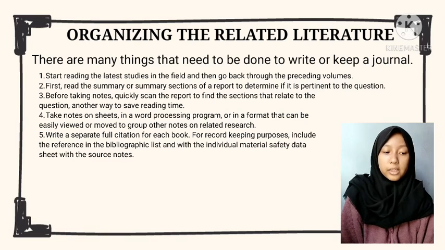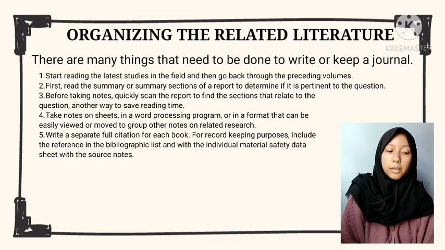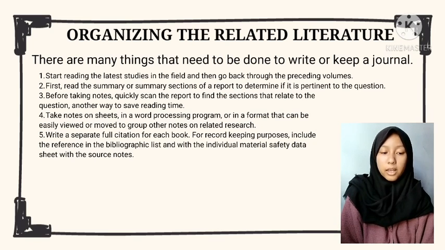5. Write a separate full citation for each book. For record-keeping purposes, include the reference in the bibliographic list and with the individual sheet with the source notes. And 6. To make sorting and organizing easier, do not place more than one reference on every page, card, or map.